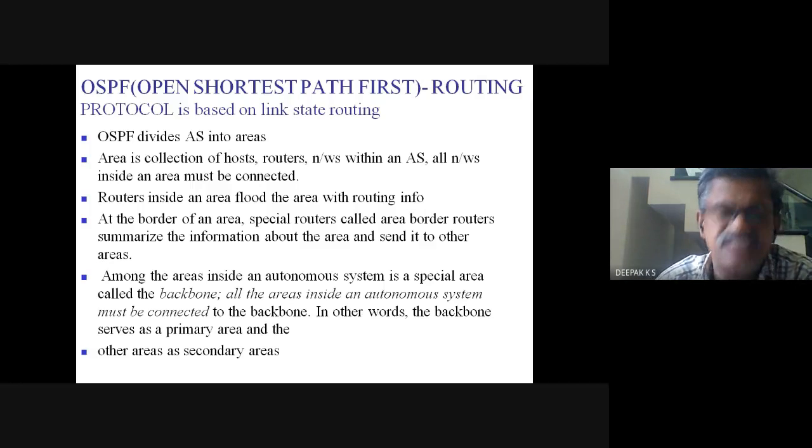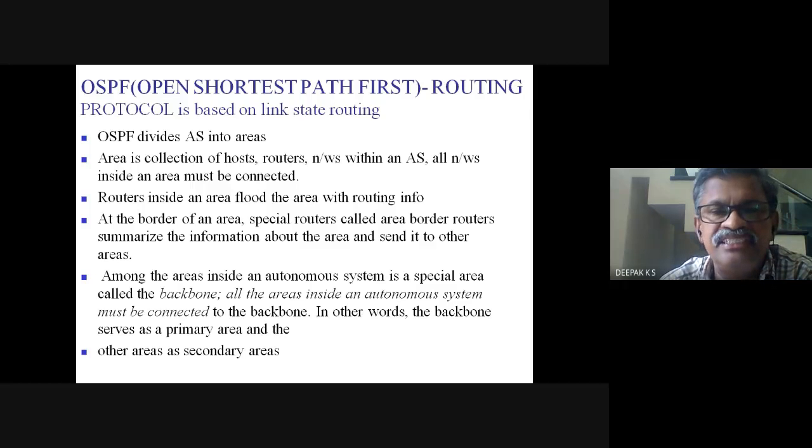This autonomous system itself is divided into areas. So an area is a collection of hosts, routers, and networks within an autonomous system. All networks inside an area must be connected.